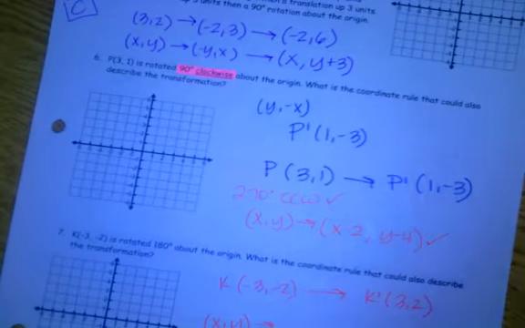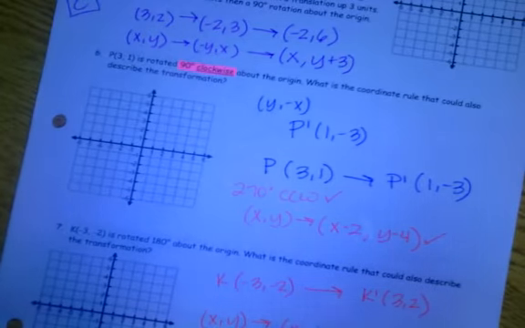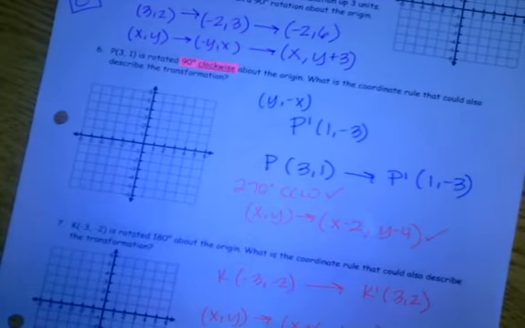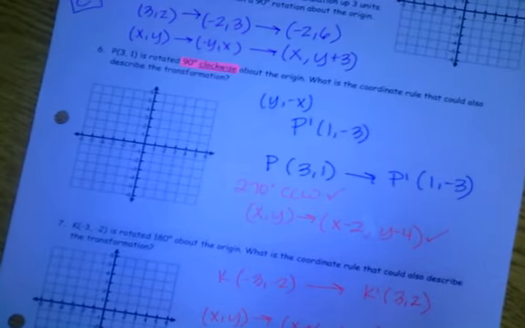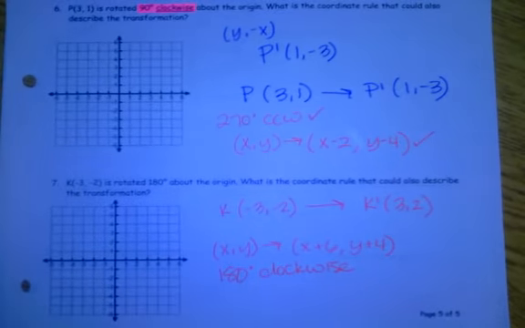Do we agree with him? What's something else we could have done? 180 degrees what? Clockwise. Very good. So again, the coordinate grids are there to help you. However, if you do not need them, you do not have to use them. Any questions on the notes before I set you free on the homework?